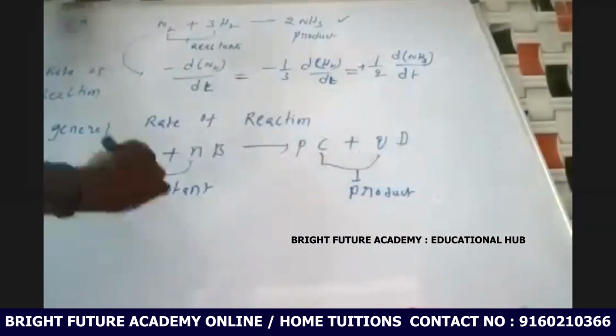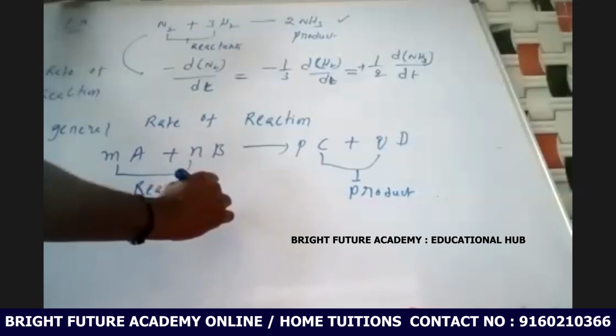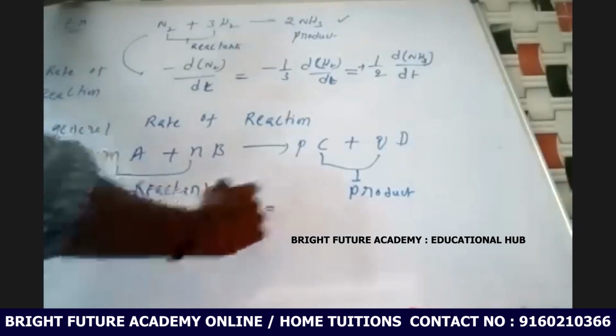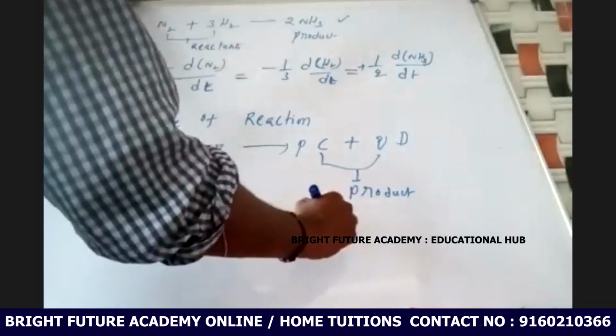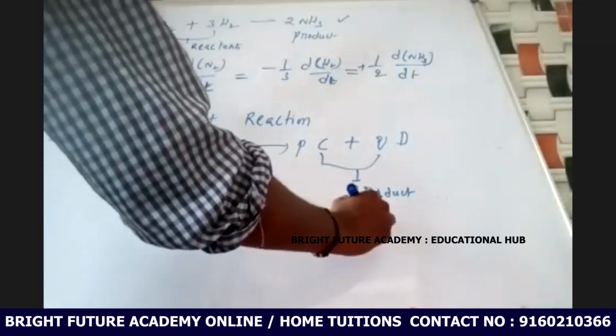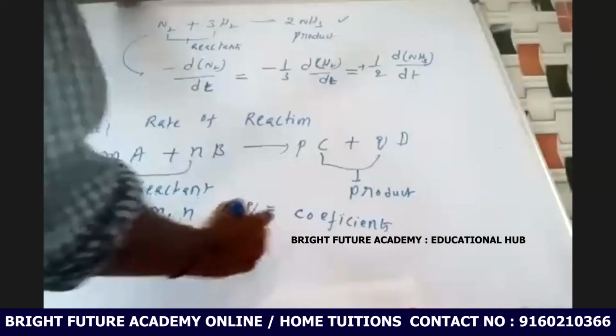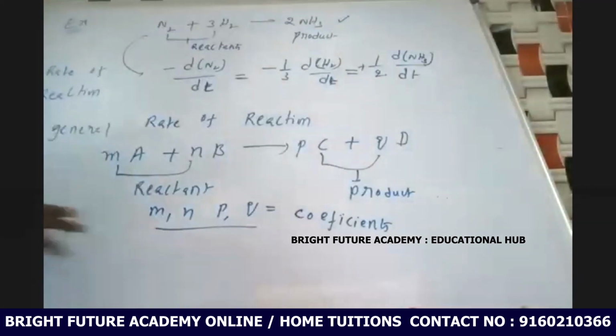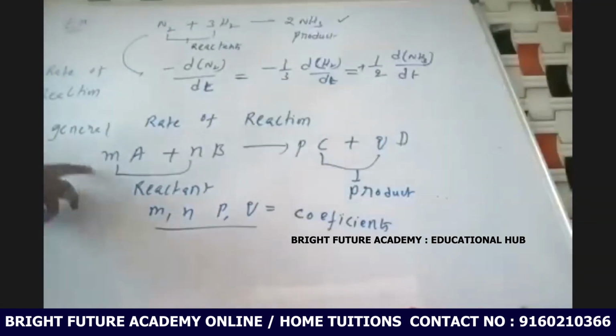So here m, n, p, q are the coefficients, meaning the number of moles. These coefficient values will come in the reciprocal.